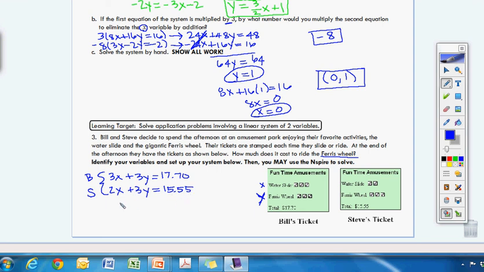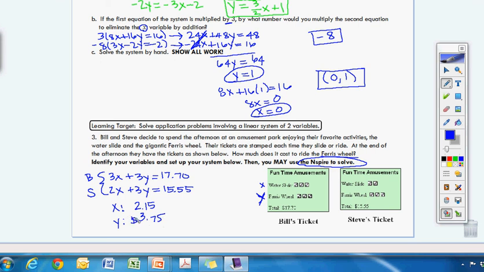Now we can use substitution or elimination, but really the easiest thing to do here, what I'm looking for is for you guys to set up these equations and then plug it into your Inspire and solve that way. Once you do that, you would figure out that x would be $2.15 and y is $3.75.